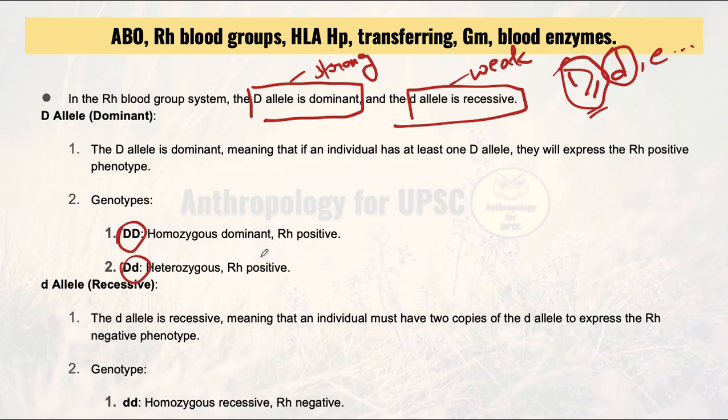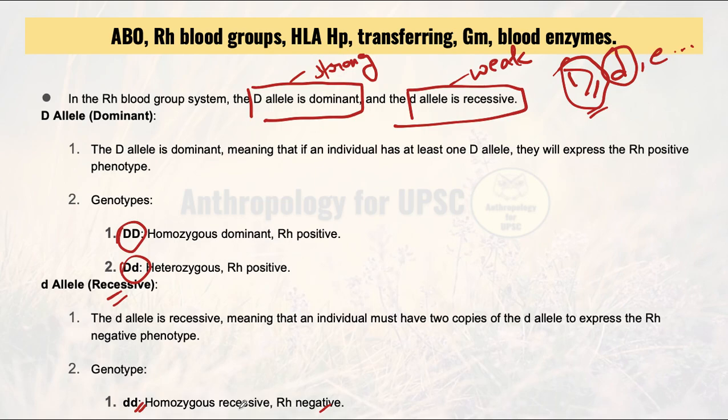And why is it so? This is because this capital D is dominant. Similarly recessive होने का क्या मतलब है कि वो उतना opinionated नहीं है, उतना strong नहीं है, weak है. और इसके केस में क्या होगा, this one is your Rh negative because this is recessive.